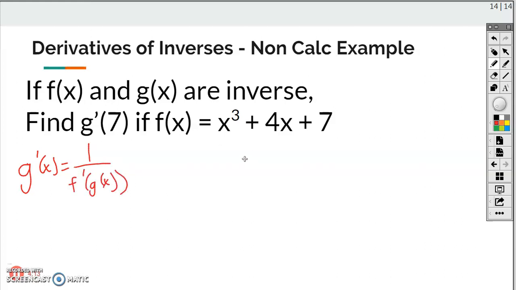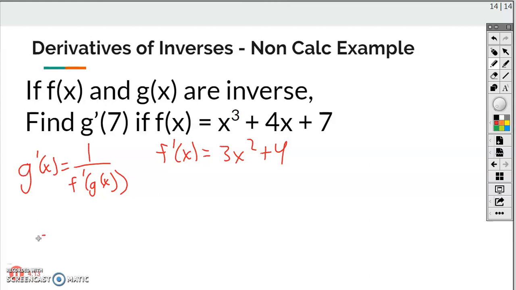So we're going to need a couple of different things. We're going to need a point that's on f and also on g. We're going to need a rule for the derivative of f, and then we're going to start plugging things in. So let's take the derivative of f, because on the bottom it's going to be f prime of something. So f prime of x would be 3x squared plus 4.